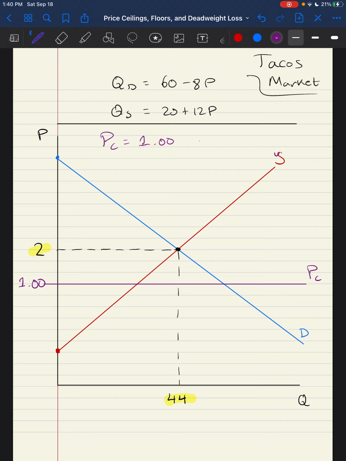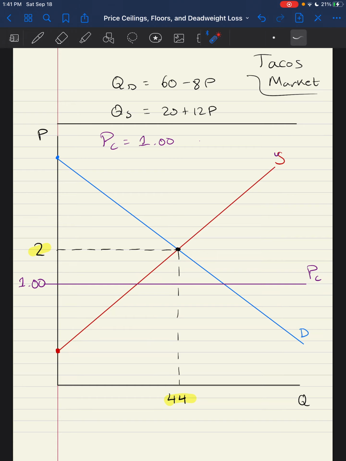Now it's below our market equilibrium, and in equilibrium we were all happy with a market price of $2. Everyone who wanted to buy on the consumer side got to buy tacos, and all the producers who wanted to sell were able to sell.